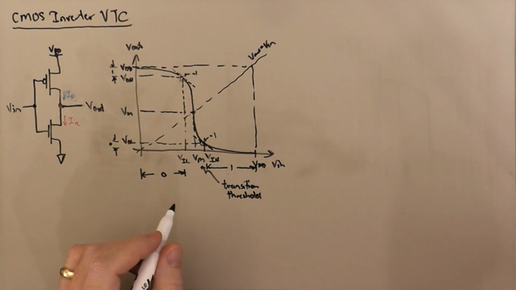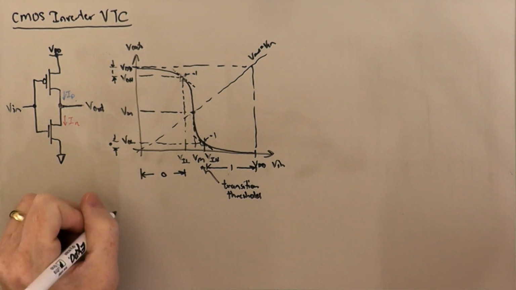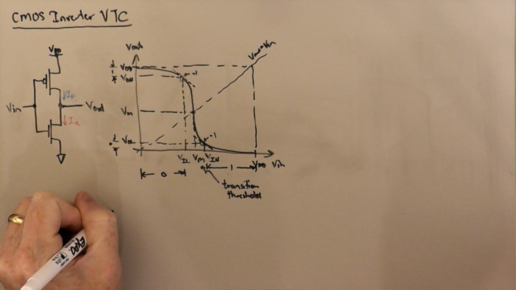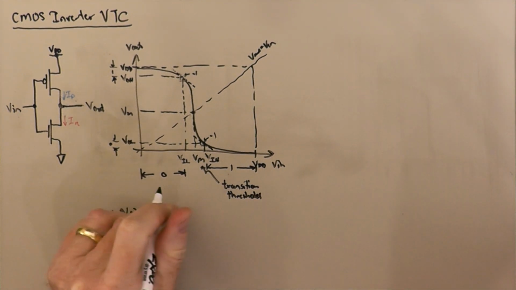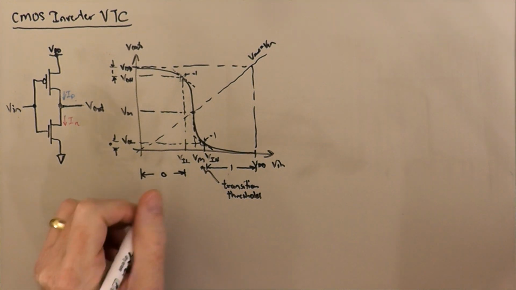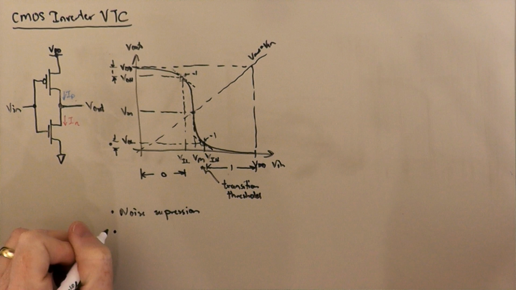So we have two key properties. One is noise immunity, or noise suppression, and the other is level restoration.